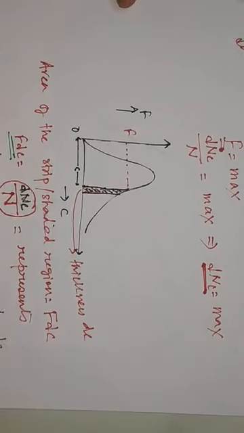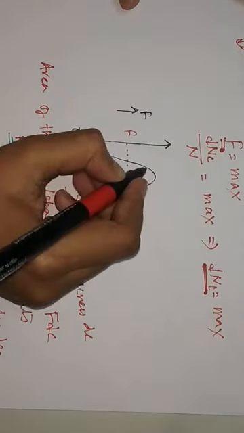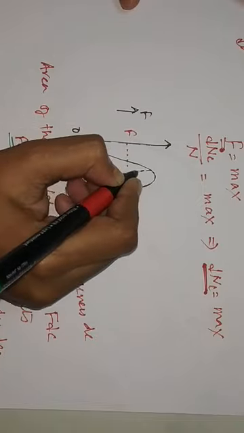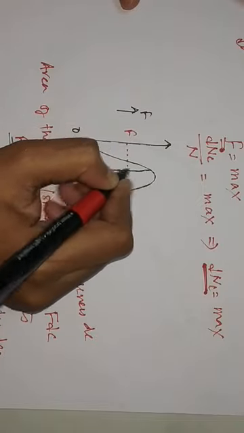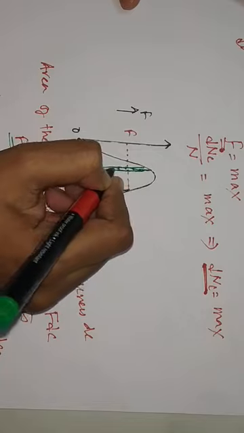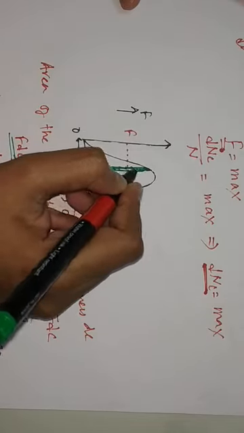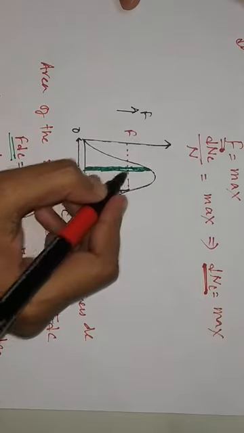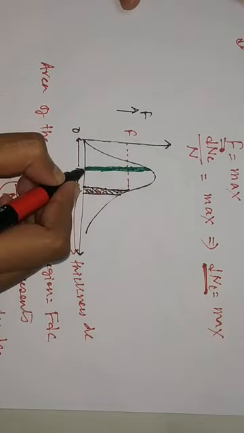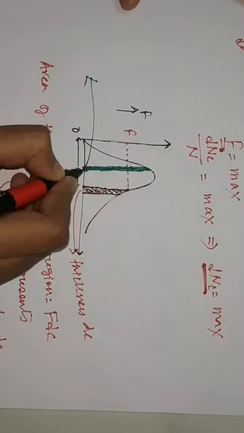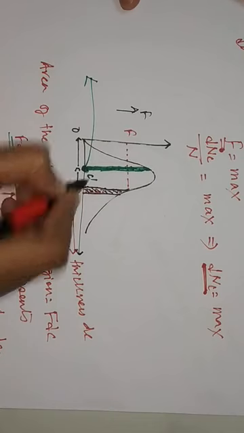Thus, from this distribution curve, we can find, if we take various strips at various velocities, suppose over here we also take a similar strip like this, and we find the area of this shaded green region, then we can tell how many molecules are moving with this particular velocity, suppose c prime.